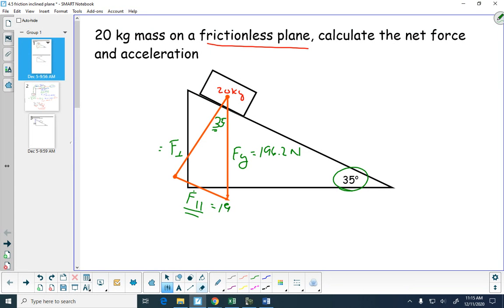Sine. Okay, and force perpendicular would be cosine. What do we get for a force parallel, Dylan? 112.54. And force perpendicular? 160.72. Everybody good with those?